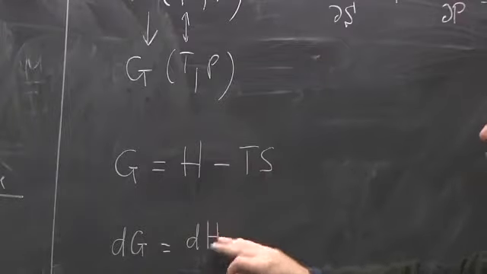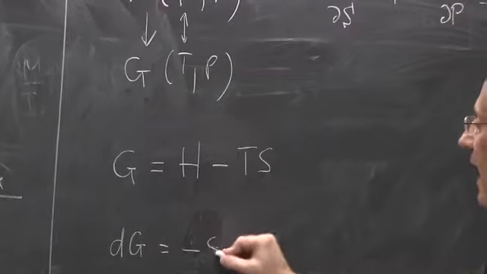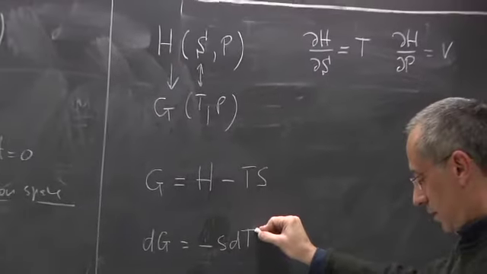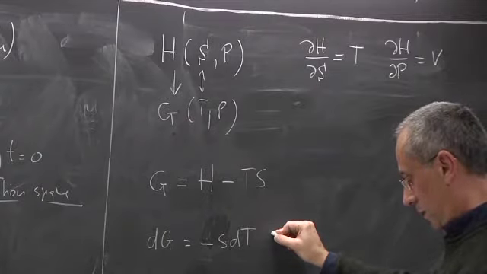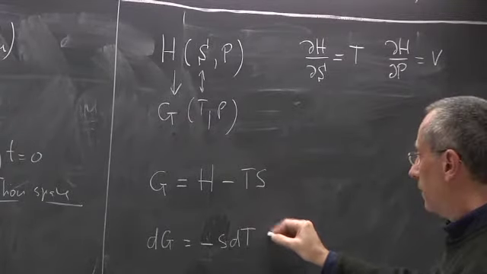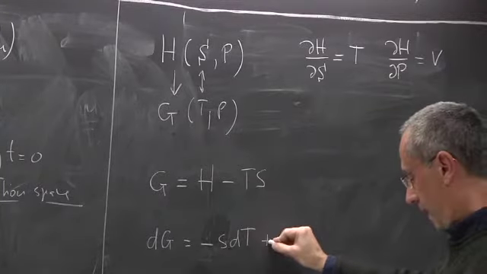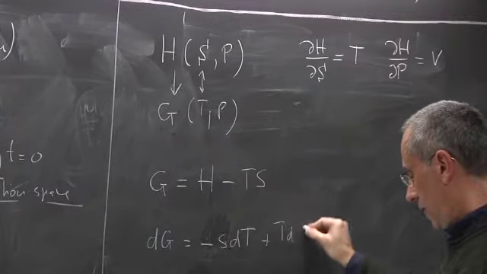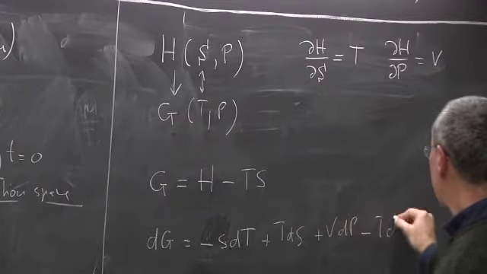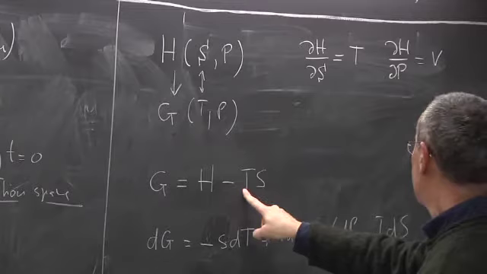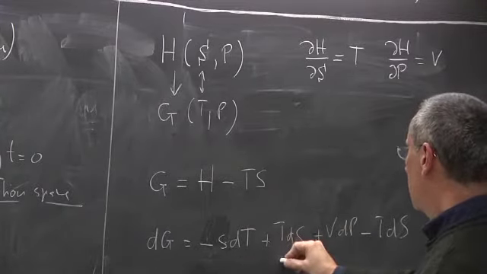dH, but what is dH? You can write what is dH, right, because it's minus S dT. No, sorry, yeah. So minus S dT, then you have plus T dS plus V dP minus T dS, right?